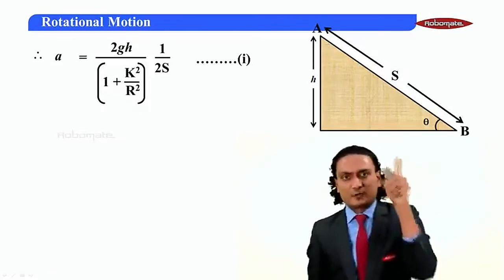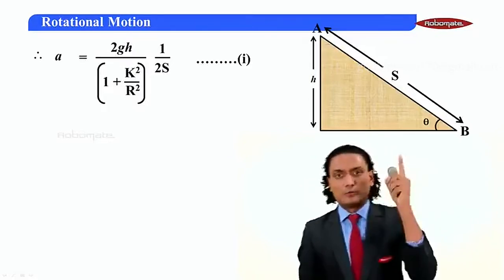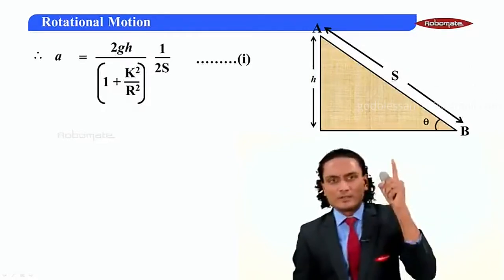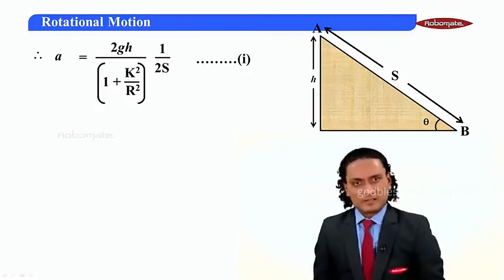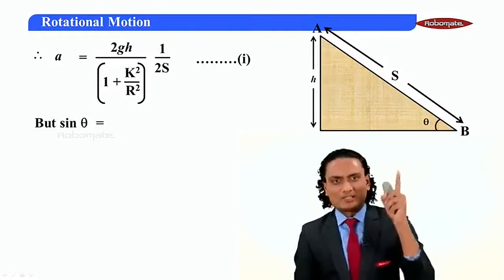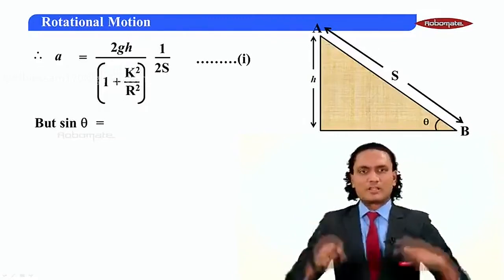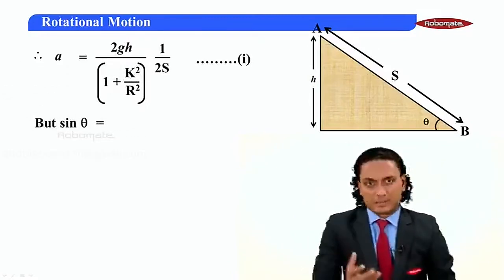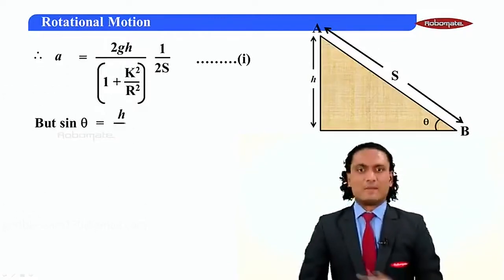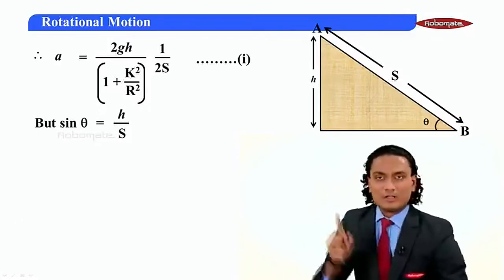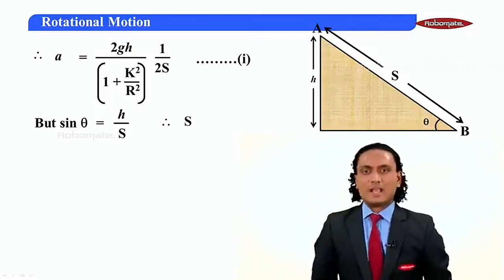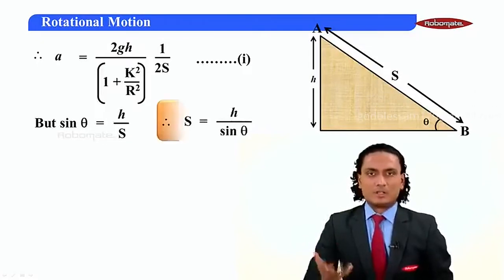How to find S? This is a right angle triangle. Sine theta is opposite side h upon hypotenuse s. So sine theta is h upon s, and S will be h upon sine theta.